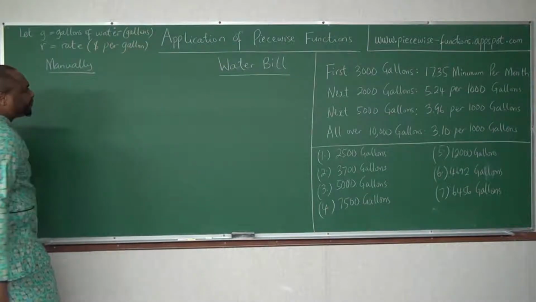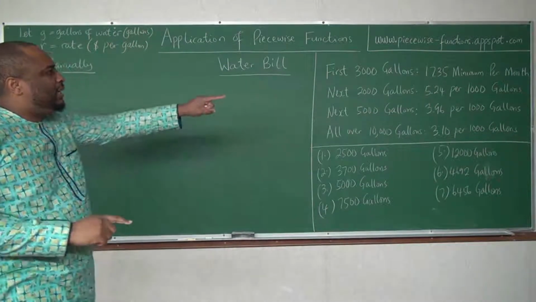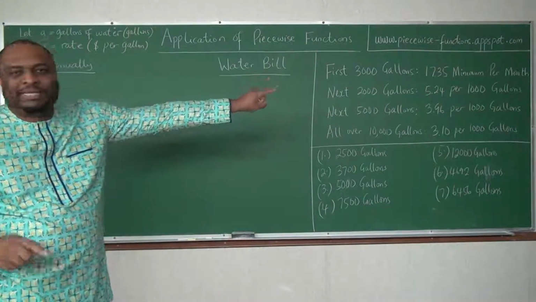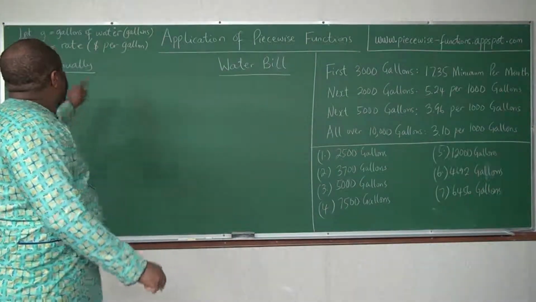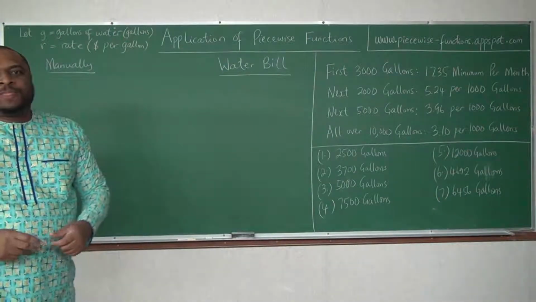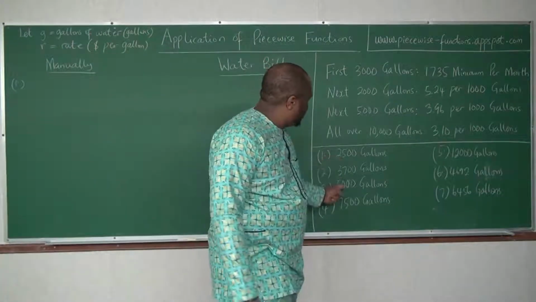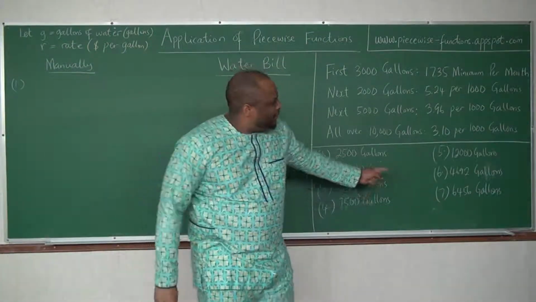Now remember, take note that they put this per 1,000 gallons. But our rate, we want it dollar per gallon, because some of these amounts are not per 1,000 gallons right away.